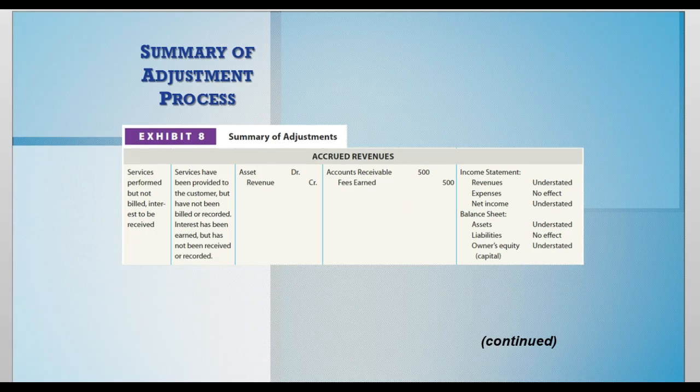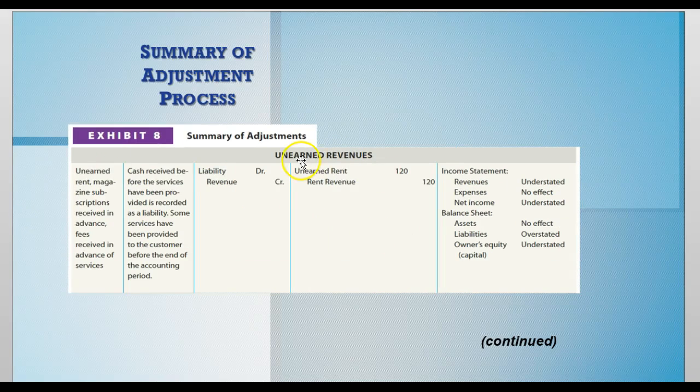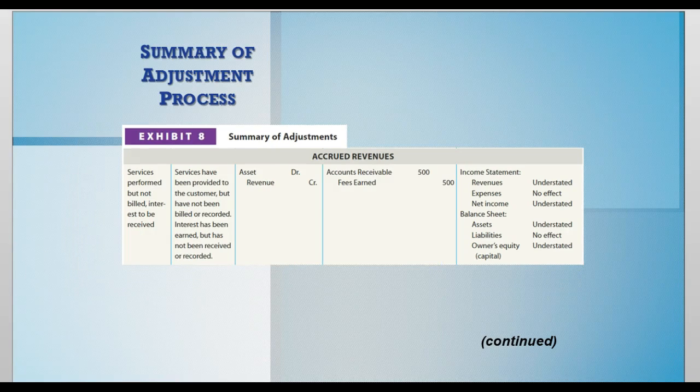Now here is another one about unearned revenues or accrued. Let's see the difference here. This one says unearned revenues, okay? Which means we've received the money, but we haven't earned them. This one is accrued revenues, which means we haven't sent out probably any invoices.